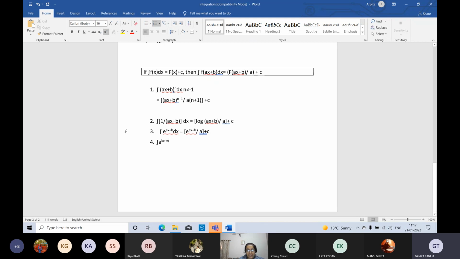So I have to integrate this entire function. So this thing is going to be equal to whatever is in the numerator remains there, that is a to the power (lx plus m). And in the denominator comes l multiplied by log a.